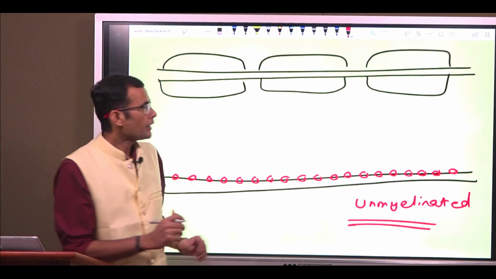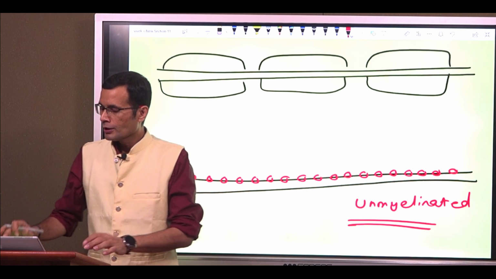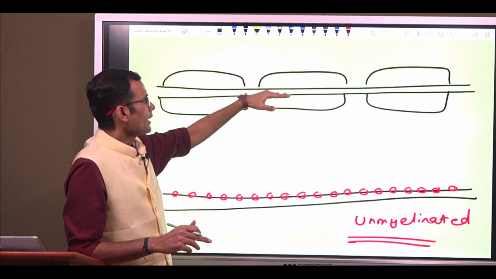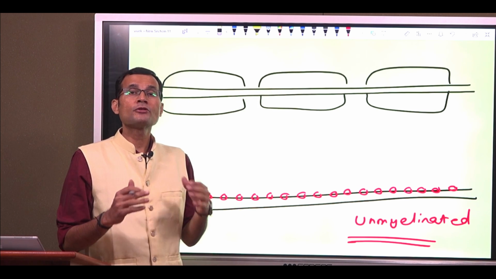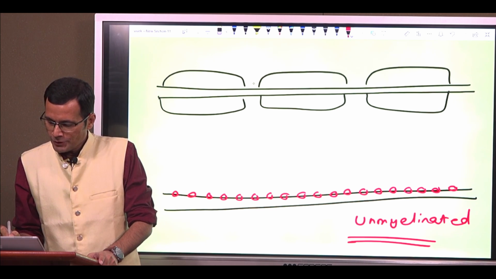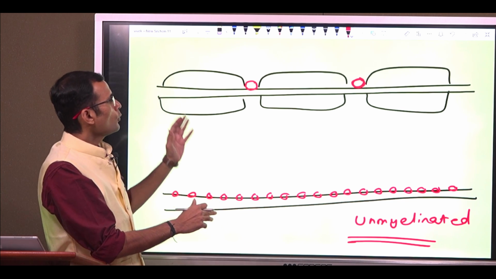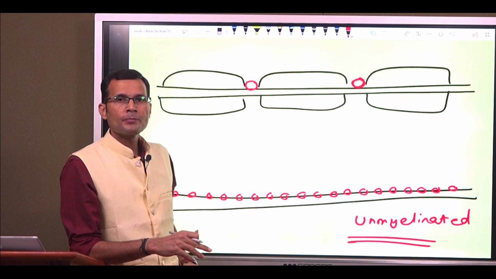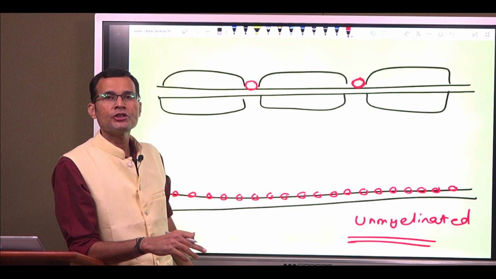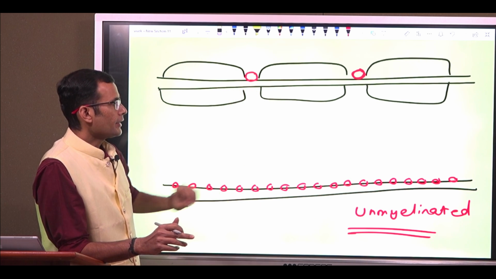Whereas in the case of myelinated axon, myelinated nerve fiber, the myelin sheath is broken at regular distances and the axonal membrane is exposed. These are called nodes of Ranvier. The sodium channels are concentrated only at the nodes of Ranvier, and there are no sodium channels beneath the myelin sheath. You can see here diagrammatically it has been represented like this.